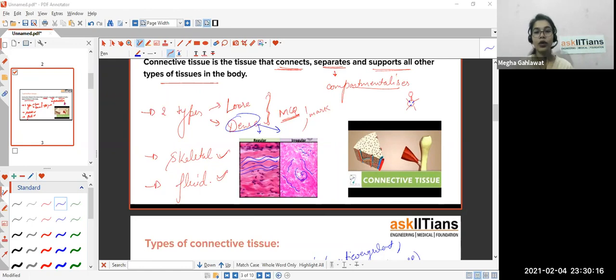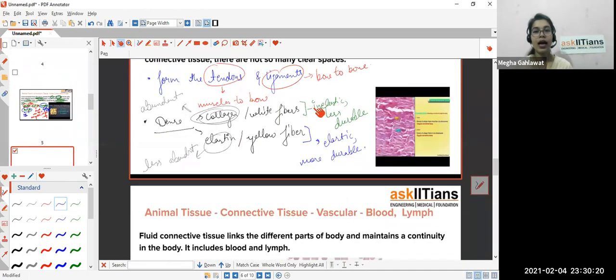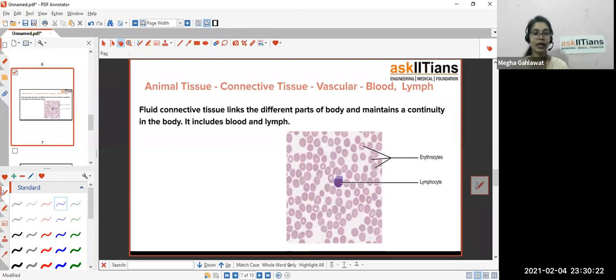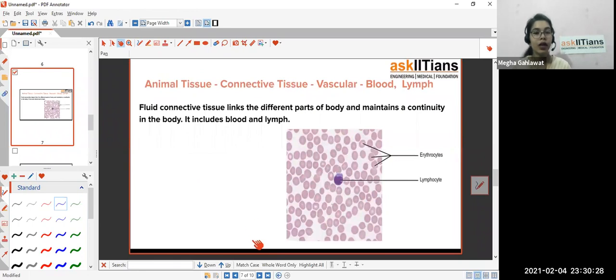Apart from that, we have the next one, which basically is called the fluid connective tissue, my friends. And fluid connective tissue is the one which we call the blood. Okay, now answer me one thing. Do you think that blood is just like a fluid which is flowing through the body, or does it have any function, or does it carry anything around?